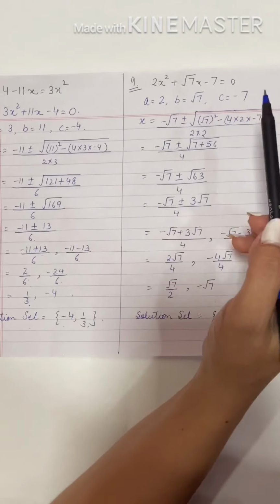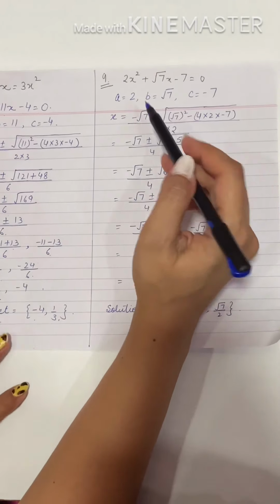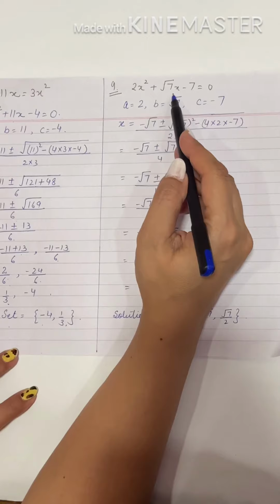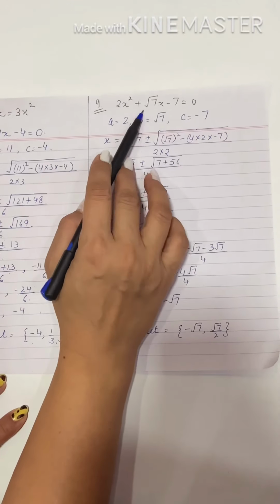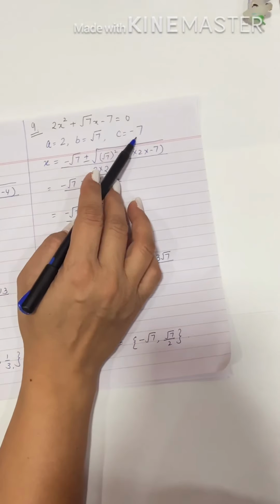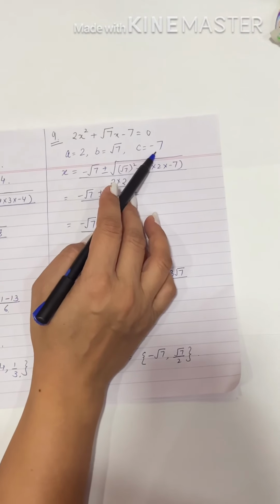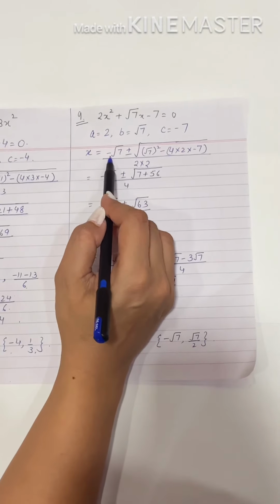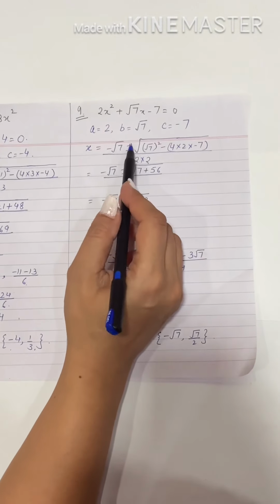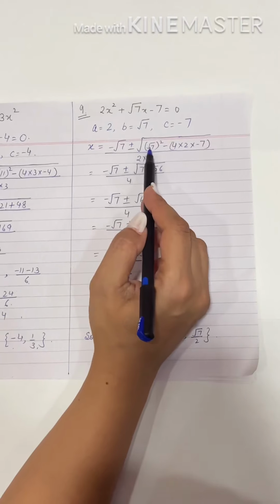Similarly, now see next question number 9. It is 2x square plus under root 7 x minus 7 is equal to 0. So a is equal to 2, b is equal to under root 7 and c is equal to minus 7. Substitute the values in the standard formula. You will have x equals minus b, that is minus under root 7 plus minus square root of b square.